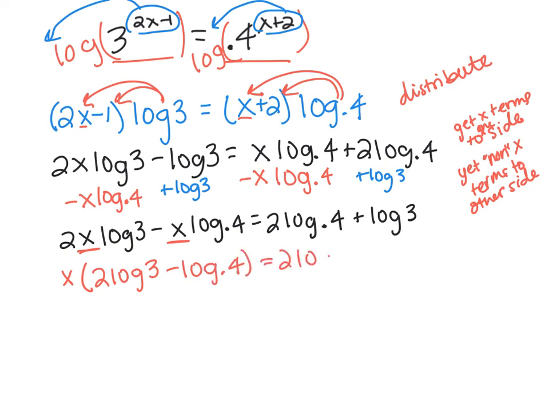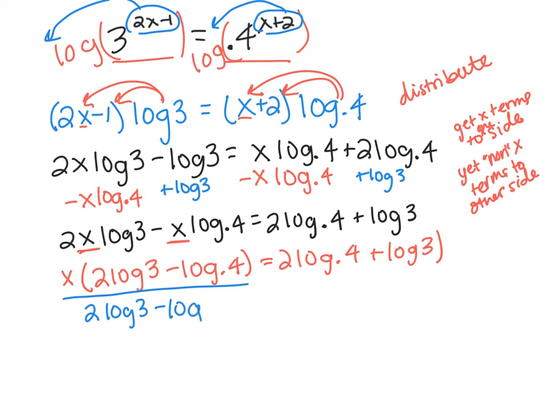Right side still stays the same. Again, remember, all these logs are just fancy numbers. So now to solve for x, we just have to divide by this whole mess of 2 log 3 minus log of 0.4.